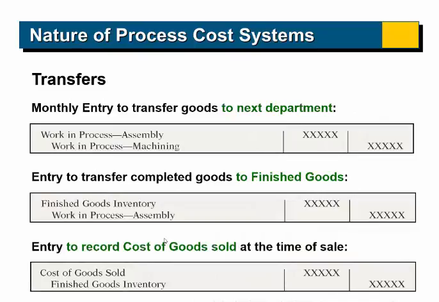We can do monthly entries to transfer goods to the next department. So I'm going to show you how to put together the cost report. And the cost report is going to be done for each one of these work in process departments. So in our Taylor example, at the end of the month, we are going to figure out how many units did we completely machine 100% of the way and then transfer them out and on to the assembly department.